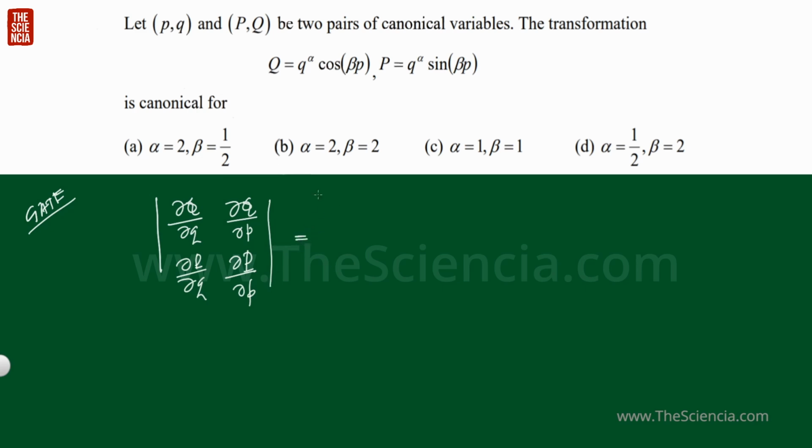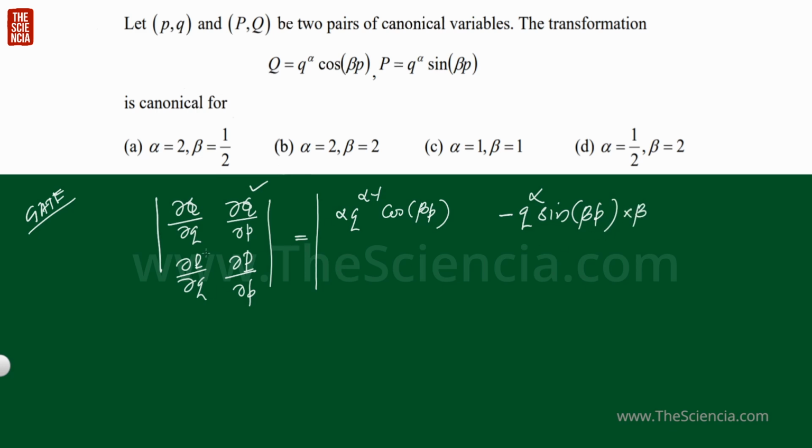So ∂q/∂q is alpha q raised to alpha minus 1 cos beta p, and ∂q/∂p will be minus q raised to alpha sin beta p into beta.